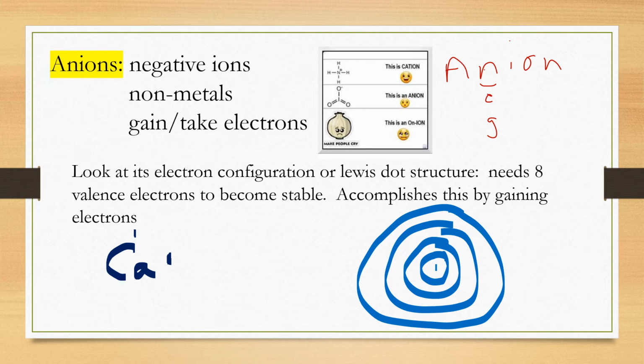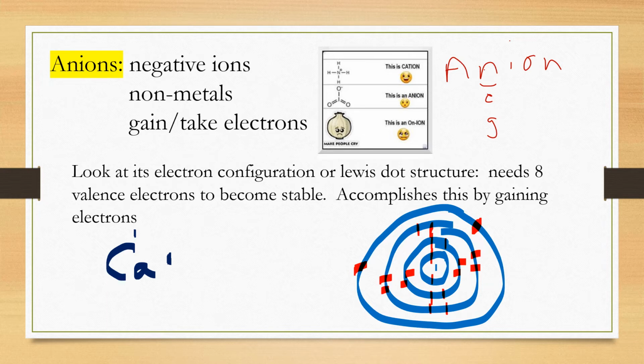In this outer energy level is where it has its 2 valence electrons. So there's 1, and here's 2. Okay, and here it's got its 1, 2, 3, 4, 5, 6, 7, 8. 1, 2, 3, 4, 5, 6, 7, 8. So that gives it a total of 20 electrons.